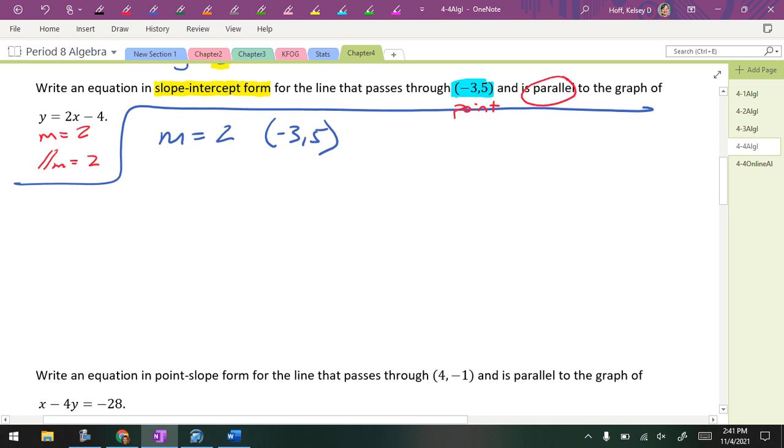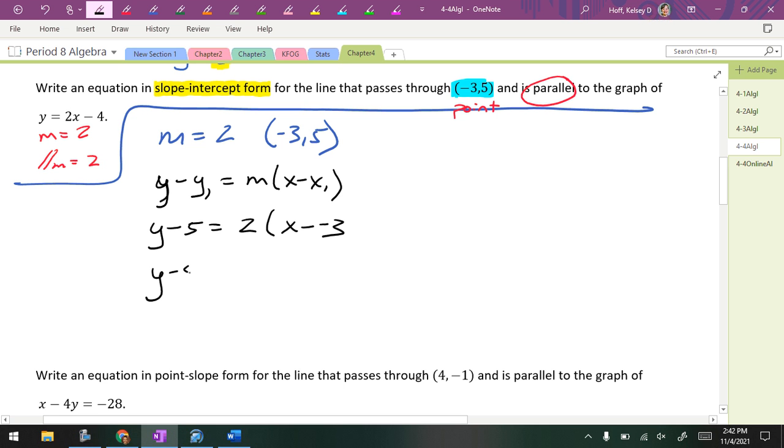Point slope. Y minus y1 equals m times x minus x1. Y minus 5 equals 2 times x minus negative 3. But it really turns to plus.